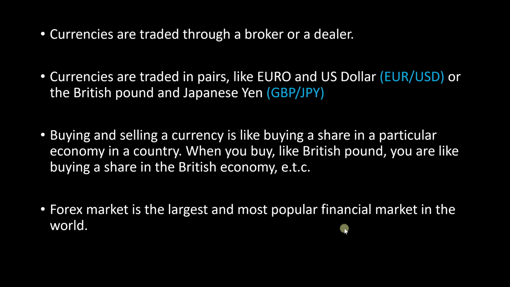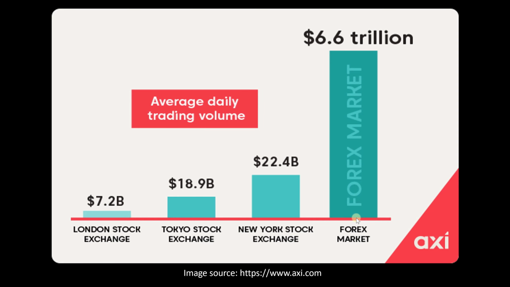Forex market is the largest and the most popular financial market in the world. It's more popular than stocks, than indices, and than cryptocurrency. According to this image here from axi.com, as of 2023, the forex market is 6.6 trillion, followed by the New York Stock Exchange, which is 22.4 billion, the Tokyo Stock Exchange, which is 18.9 billion, and the last one is the London Stock Exchange, which is 7.2 billion.